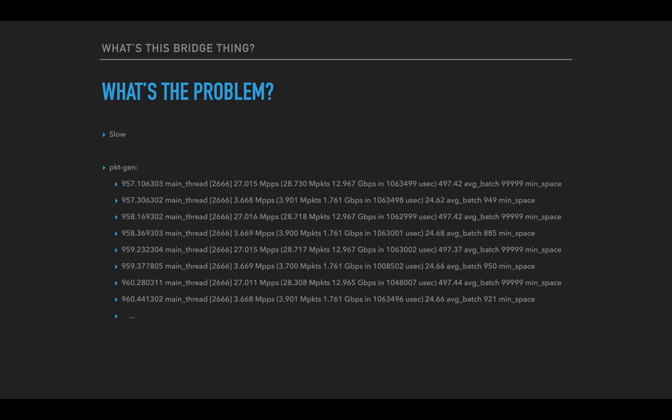It has some limitations that are not relevant for the benchmark that we're doing here, so we're not going to go into them. But it means that we can send far more packets than we would normally be able to do with things like iPerf.